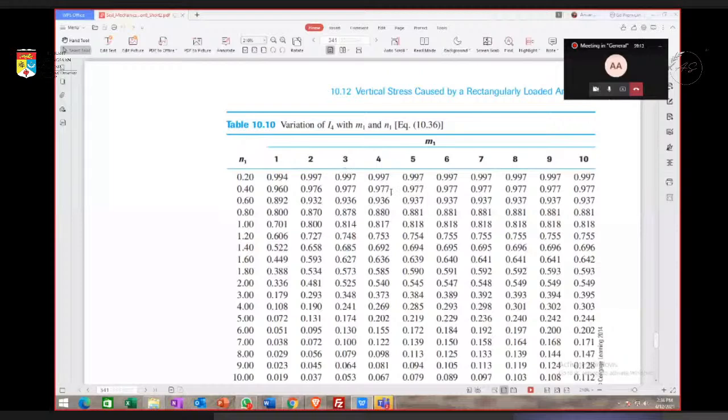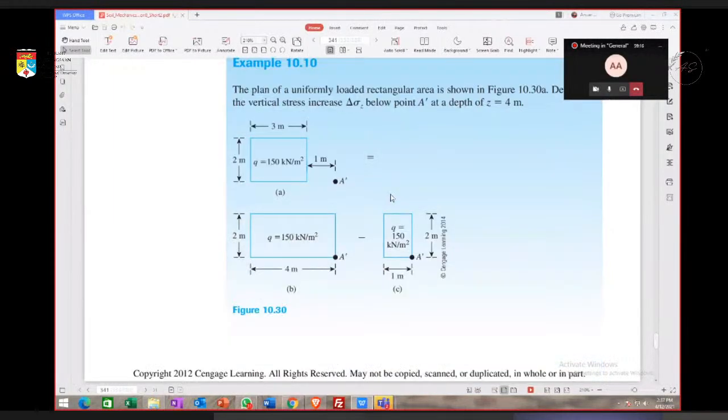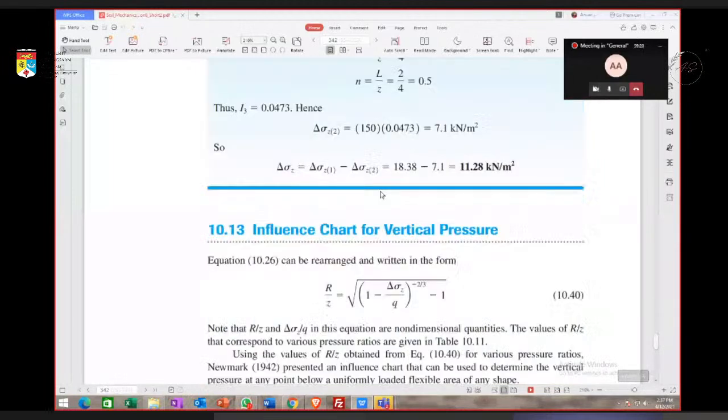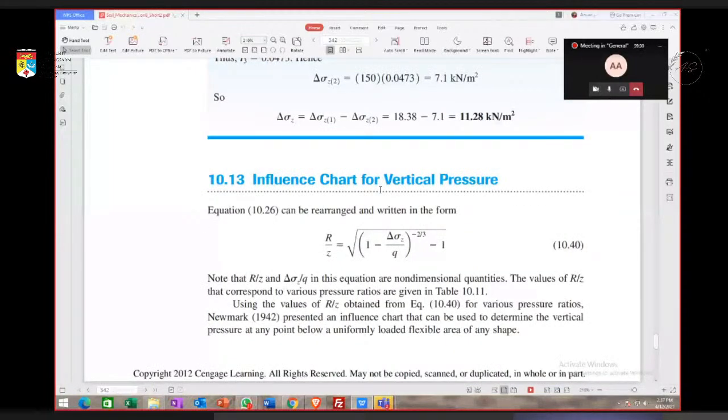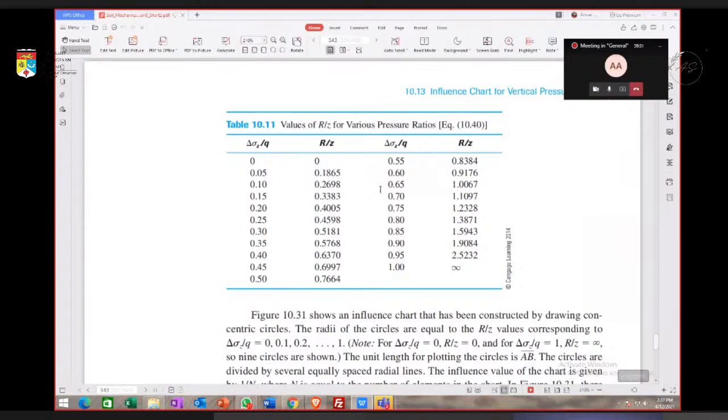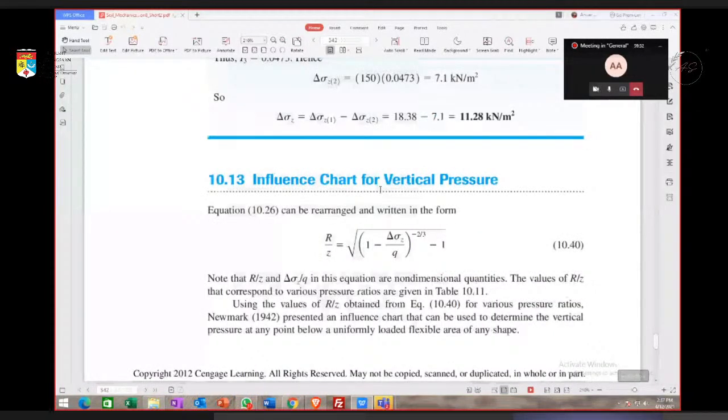There is a problem or example given here. It is nice for you to read and understand it. It's quite straightforward. Another method is to use the influence chart, which we call a Newmark chart.